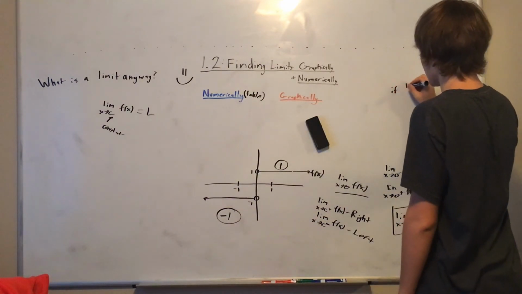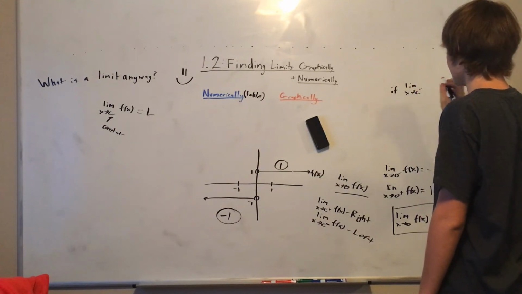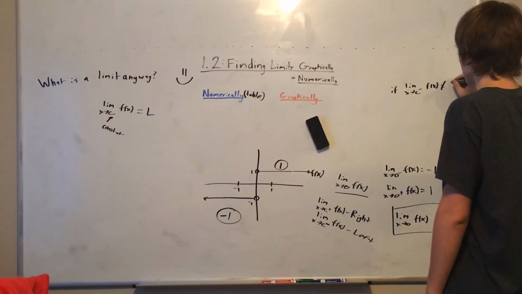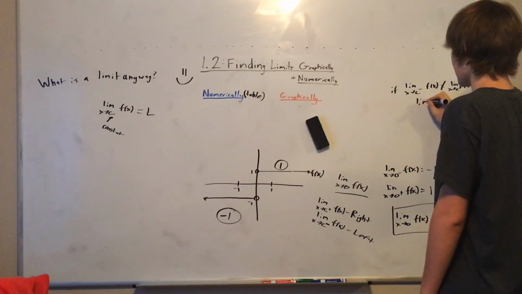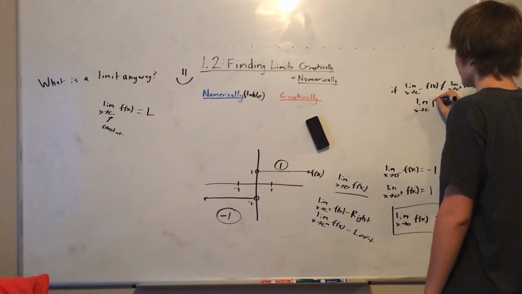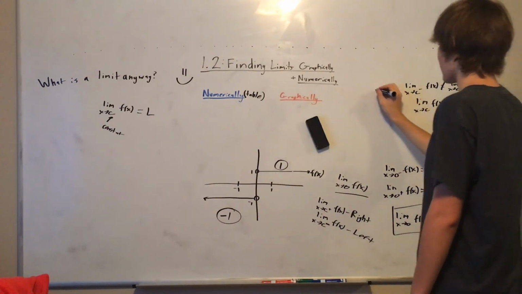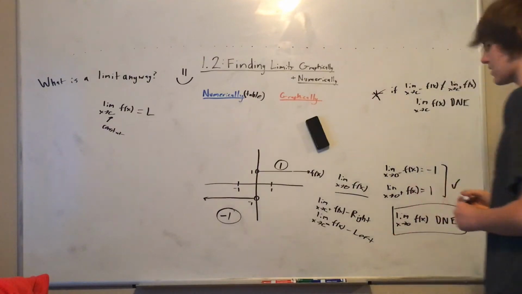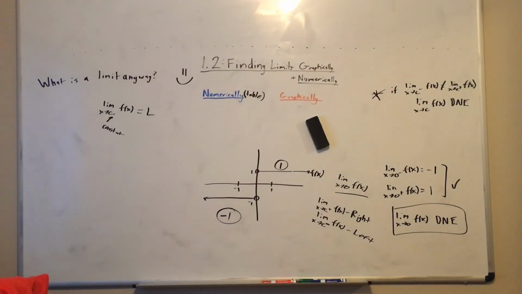If the limit as x goes to c from the left of f of x is not equal to the limit as x goes to c from the right of f of x, the limit as x goes to c of f of x overall does not exist. That's a very important concept that you need to get, because that's going to be showing up everywhere in the future.